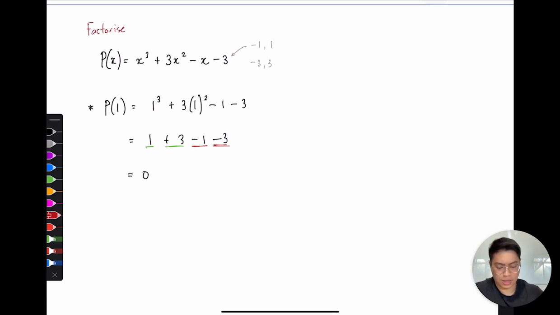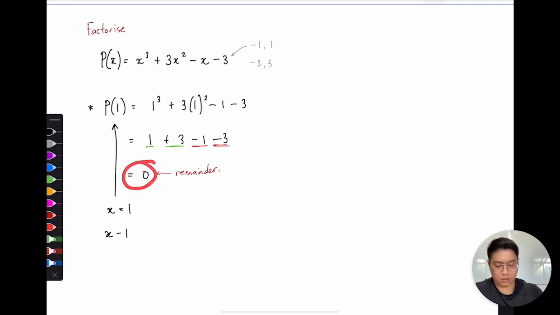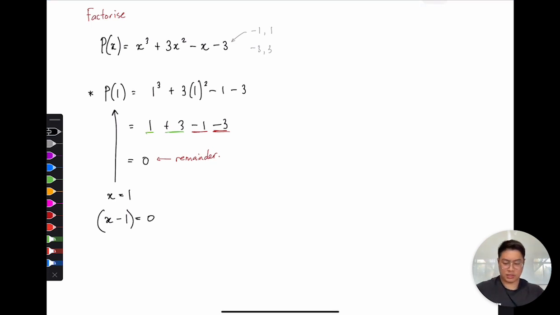This here is our remainder. So what this means is that when we substitute in x equals 1, our remainder is equal to 0. That means that x minus 1 equals 0, so x minus 1 there is a factor.